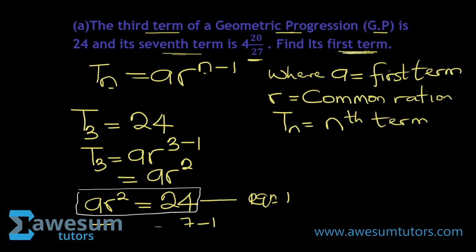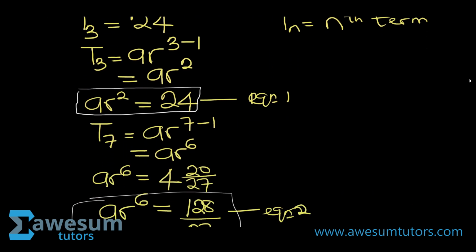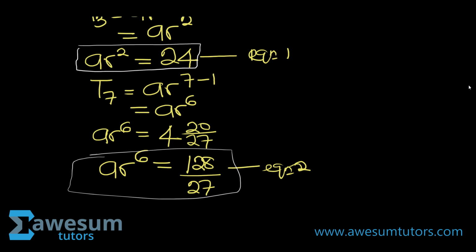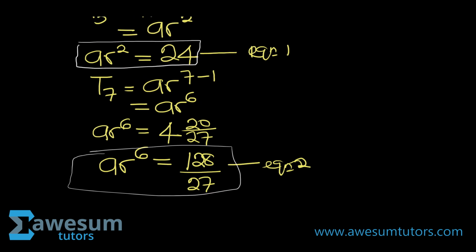Since we are asked to find the first term, and we don't know the common ratio, and sorry, this is the common ratio right here, we also don't know the first term, right?